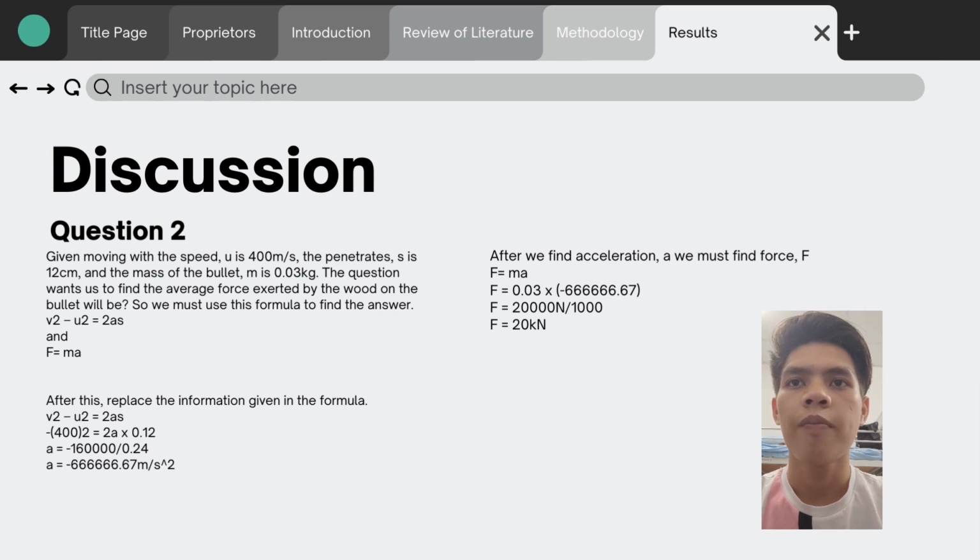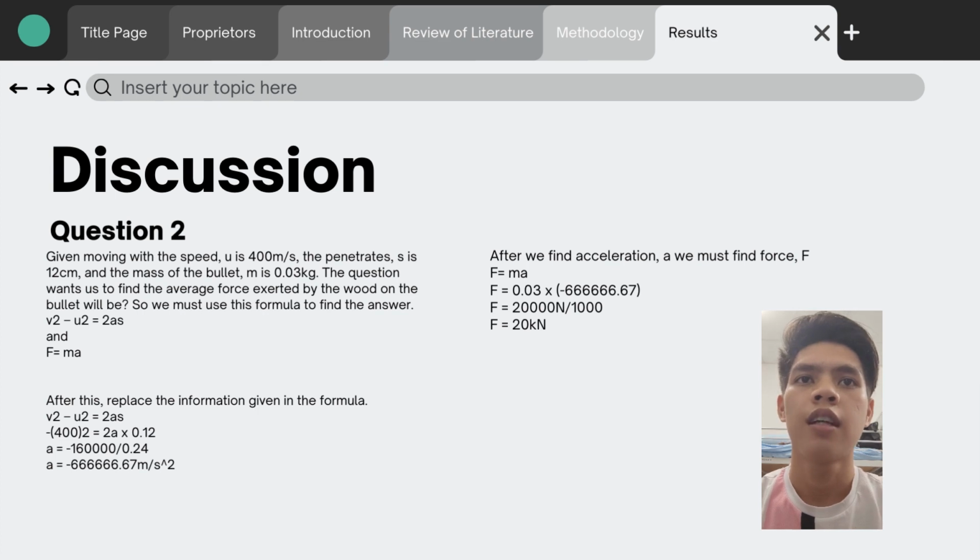So negative 400 squared equals 2a times 0.12. a equals minus 160000 per 0.24. So a is negative 666.67 m/s².